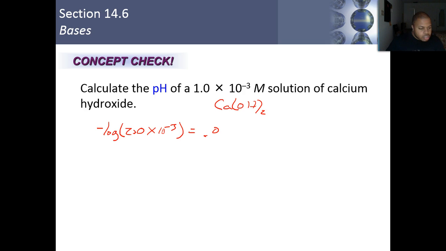Oh, nope, that actually gives me the value of 2.69. Sorry, I almost made a little mistake there. 2.69. That's the pOH. So I'm going to do 14 minus 2.69 to get 11.31 as my pH.